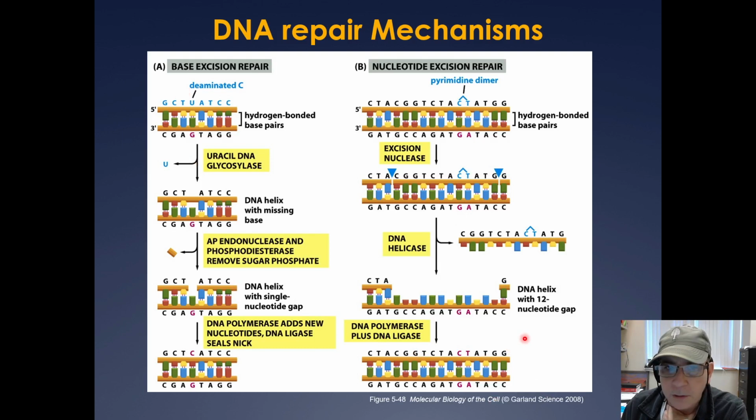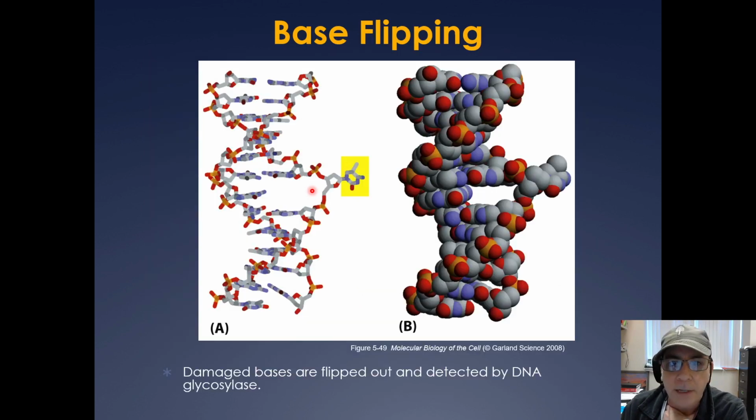Now, the next question becomes, in the case of a deaminated cytosine, or any deaminated base, how does the cell detect that it's bad? Well, it actually flips out because it can no longer properly hydrogen bond, and it's kicked out of the DNA helix and sticks out.